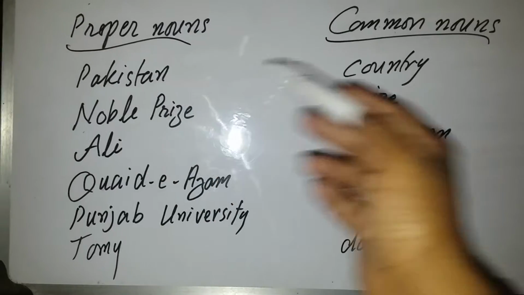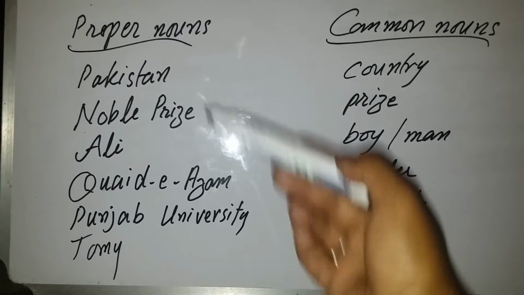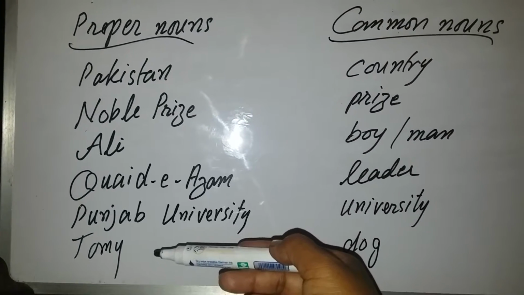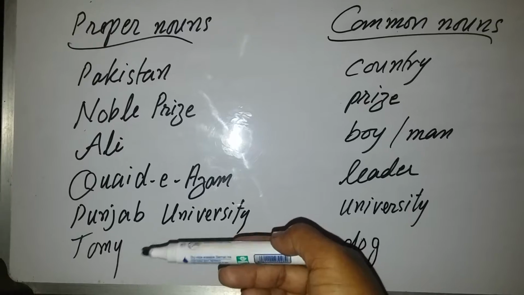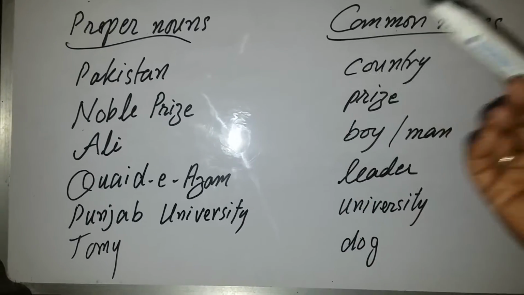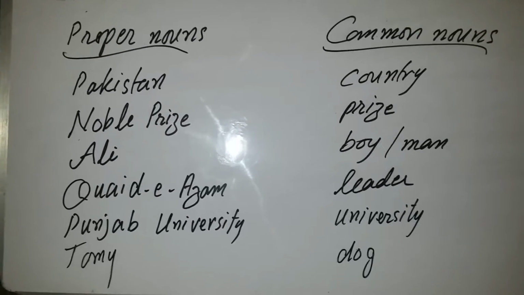So always remember, this is the difference between proper and common nouns. All these proper nouns are the specific name of any person, thing, place, institution, organization or idea, and these are the common nouns which are shared by all.